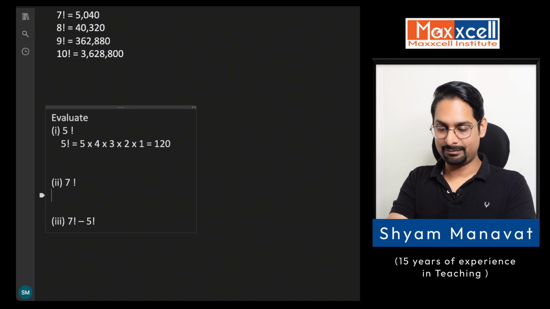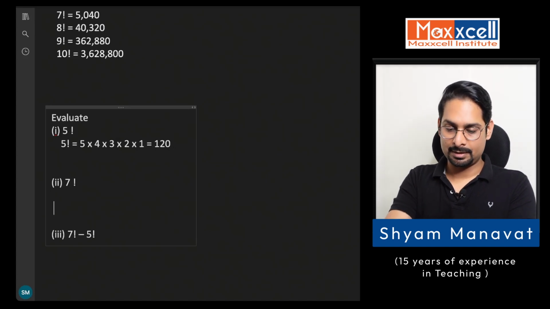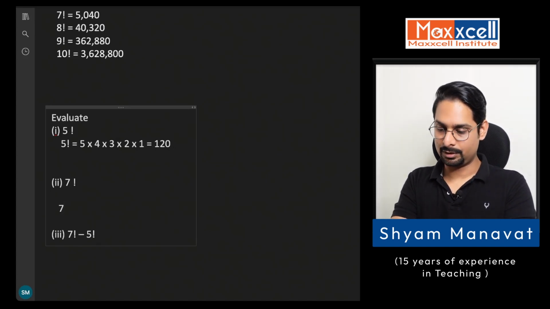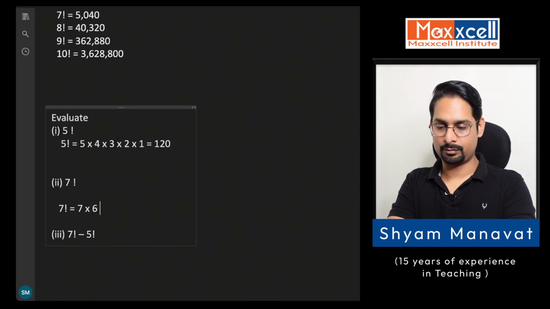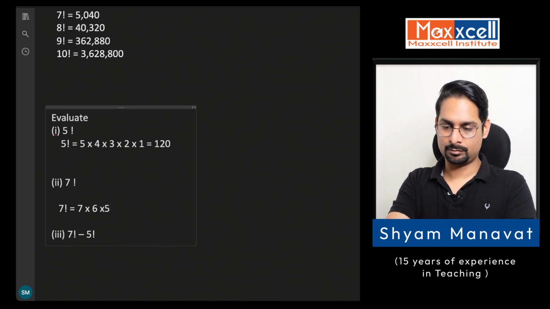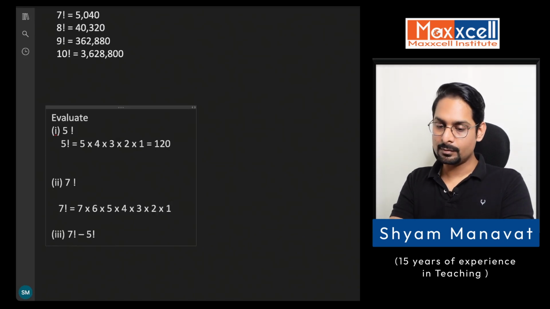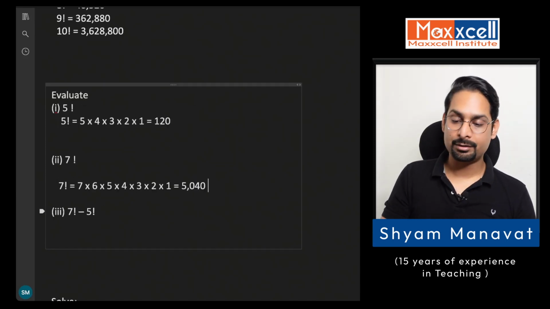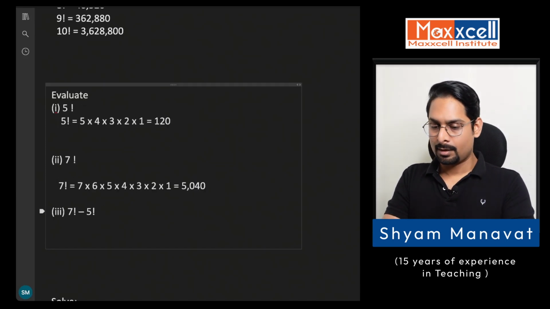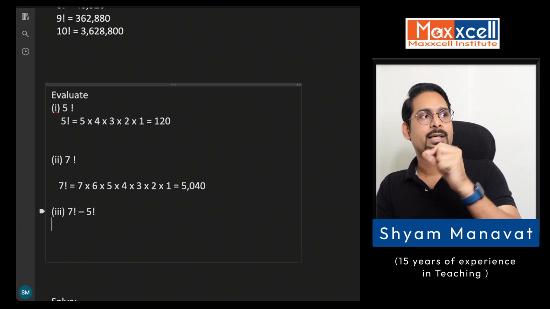Similarly, 7 factorial equal to 7 into 6 into 5 into 4 into 3 into 2 into 1. That is 7 factorial.